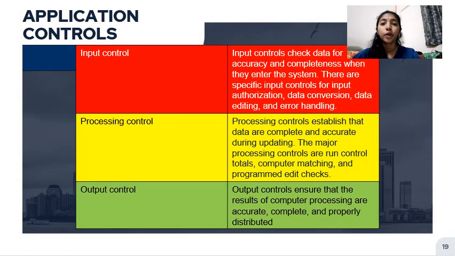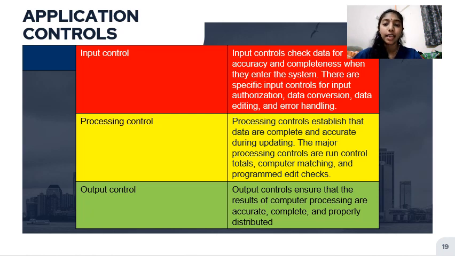And now we are going to see more detail about application control. Input control checks data for accuracy and completeness when they enter the system. There are specified input controls for input authorization, data conversion, data editing, and also error handling.